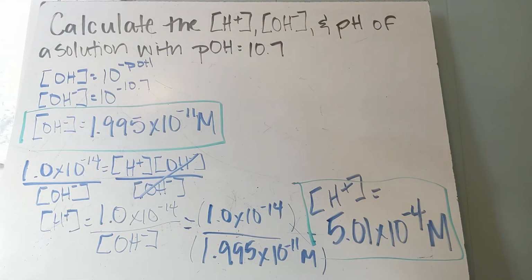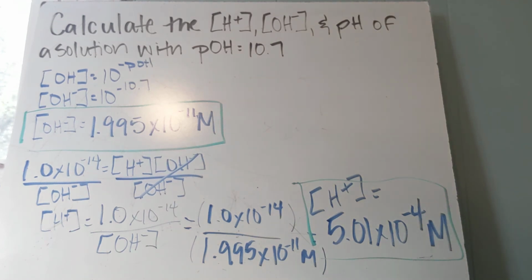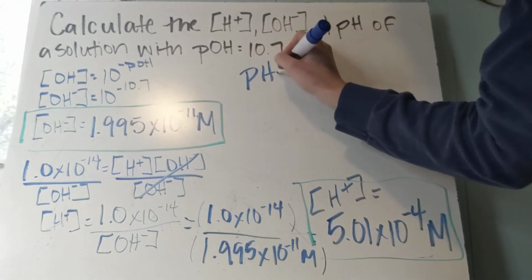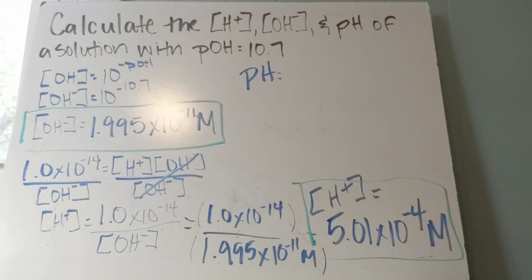Okay, and then my last calculation, I can do pH using my H plus ion concentration. So if you remember, that formula is pH is equal to negative log of H plus. The great thing about the way that we did this was we used, I think, all of the formulas that we've had to learn so far.